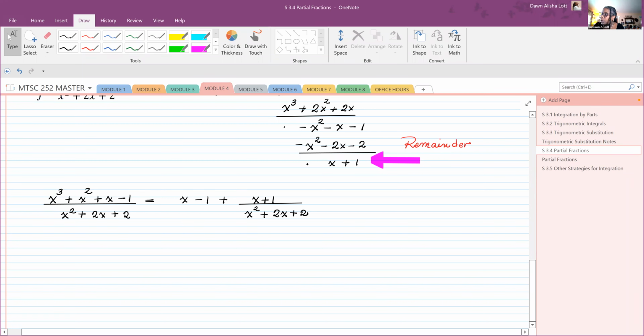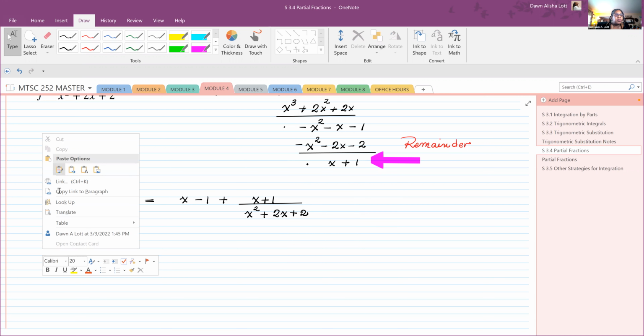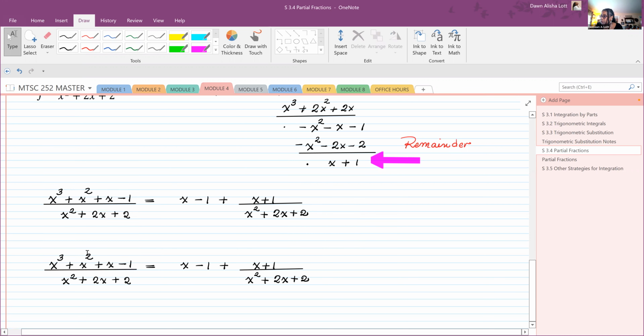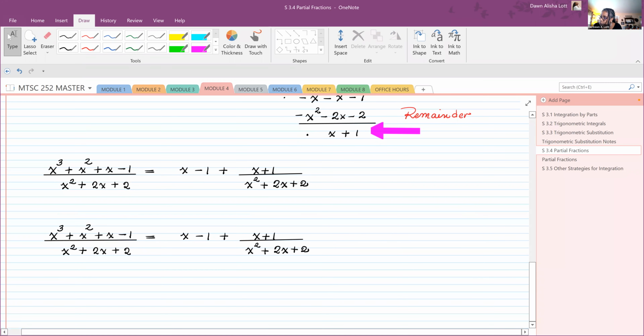Okay, so now what I want to do is integrate it. So the integral of this thing, I need a dx, is the integral of this whole piece.